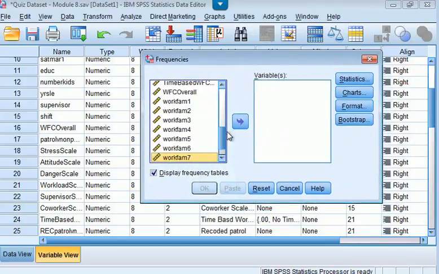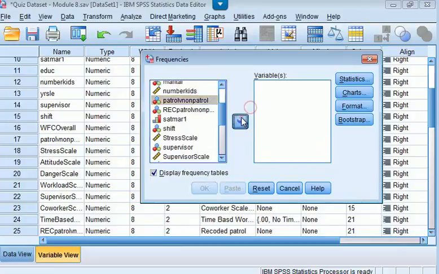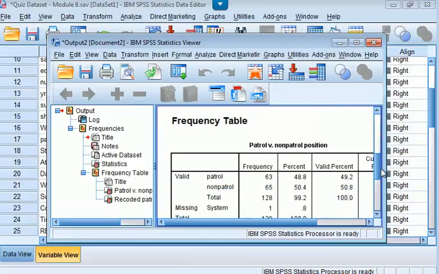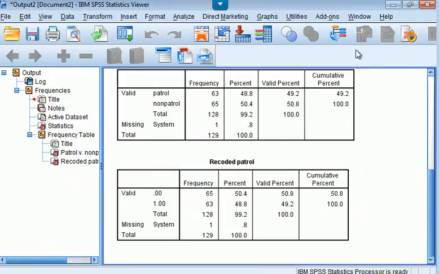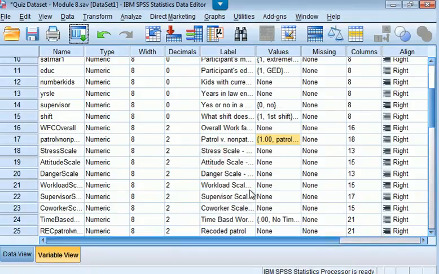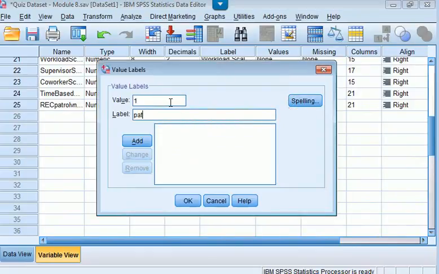Pull this over so you guys can see it. There you go, patrol v non-patrol, the original, and then recoded. We'll see here that it was recoded correctly. Also, you can see I made a mistake in the variable view: I did not come back here and label 1 patrol, 0 non-patrol.